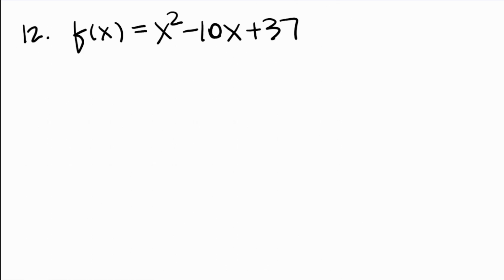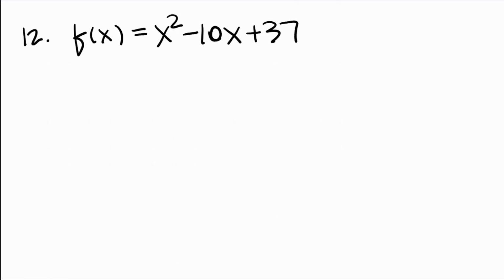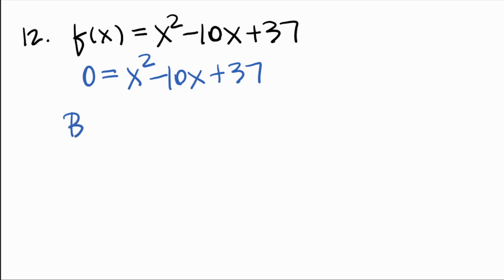Right, so I go over here and say, okay, I can see b squared is 100. 4ac is going to be bigger than 120. So, okay, because it asks for the zeros, I'll set the thing equal to 0. Show some knowledge here that I know that find the zeros means set f of x equals 0 and solve for x. Okay, but then I see, all right, this is going to come back with no solution.